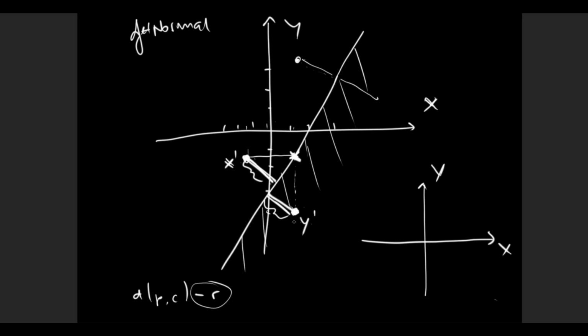If you take the distance from y copy to the center, it's smaller than the radius, which means that this will be negative. This will have a negative value. The x component, on the other hand, will have a positive value, because from this point to the center, somewhere far on the bottom right, this distance will be larger than the radius, so it will be positive.